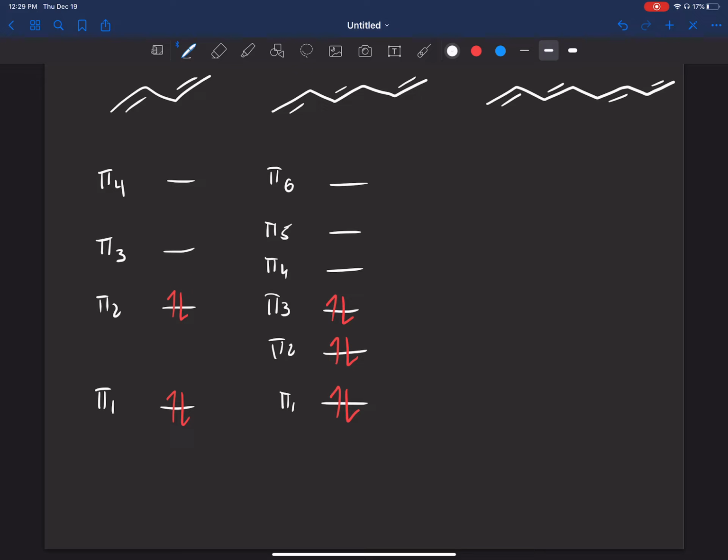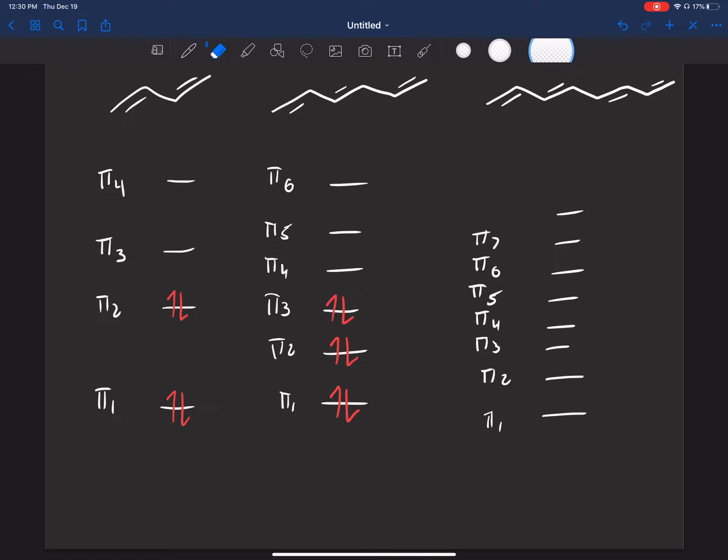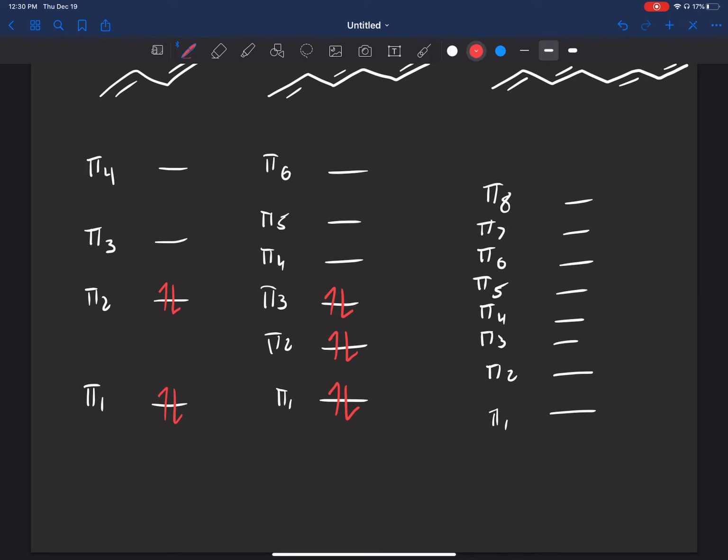So let me draw this better. So here's going to be pi 1, pi 2, pi 3, pi 4, pi 5, pi 6, pi 7, pi 8. Sorry, it's a little bit cramped. And so we have 8 electrons here. So we go all the way up to pi 4.